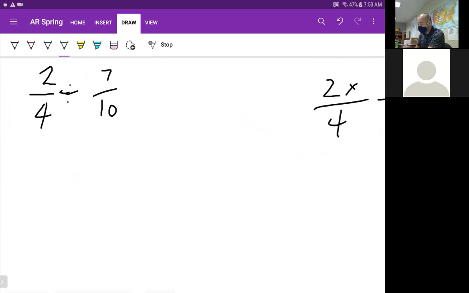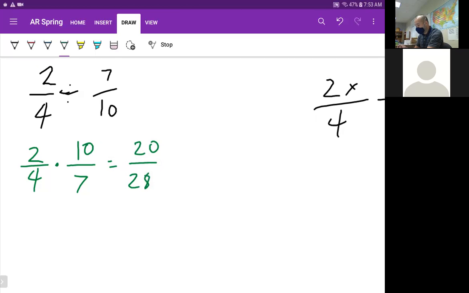So for the division, you leave this one, so 2 over 4, and I'm going to change it to multiply. And then I'm going to flip this. So there's just one extra step, and then it's just like the previous one. So 2 times 10 is 20. 4 times 7 is 28.